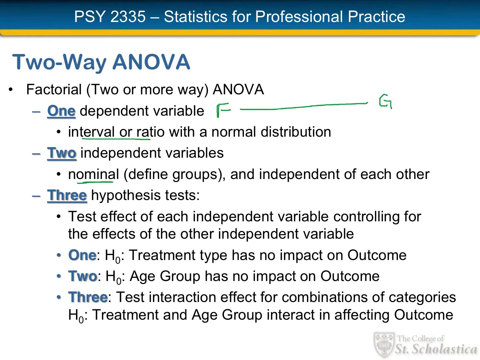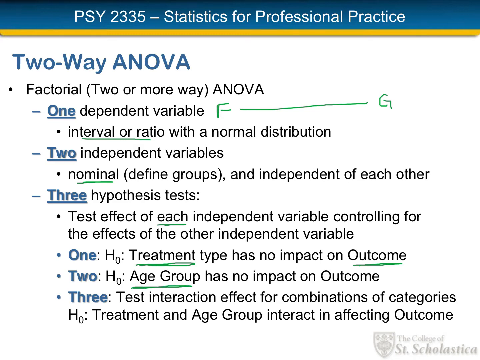We end up having 3 hypothesis tests. We test each of the 2 independent variables controlling for the effects of the other independent variable. So our first hypothesis test might ask whether our treatment type, getting the study skills method alone or the study skills method plus the growth mindset information, does that have an impact on your outcome of ultimate mindset? The second test looks at the impact of being in the age groups.